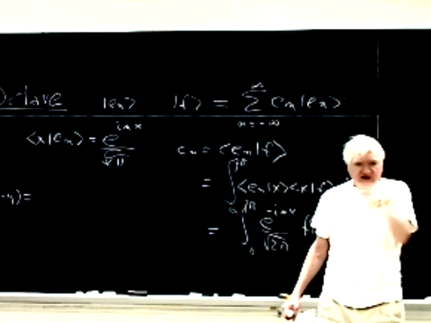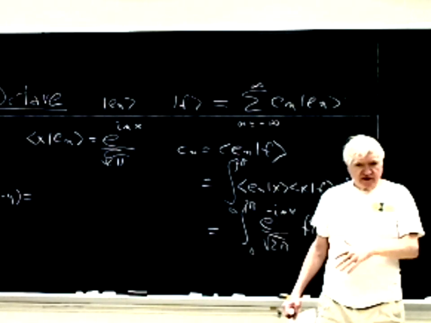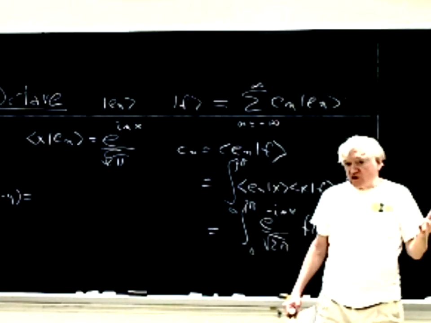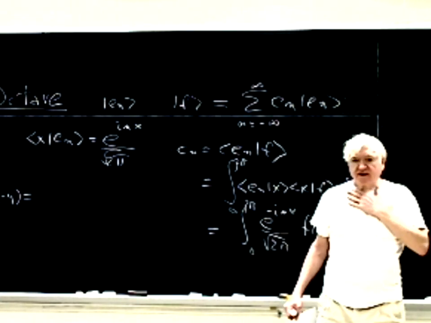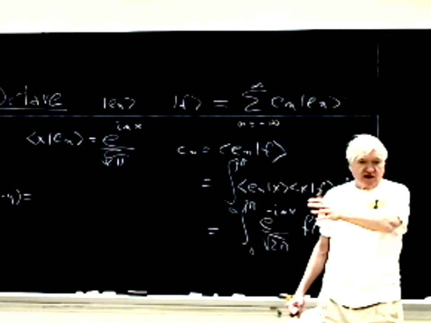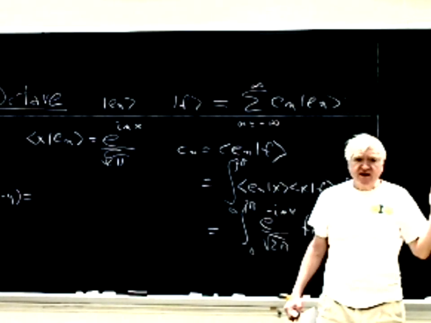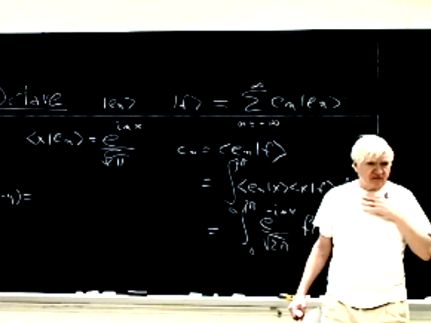And so when you change the space of functions, you change the distribution. What's a good Dirac delta function for one space of functions won't necessarily be a good Dirac delta function for another space of functions. And the same thing for any distribution.